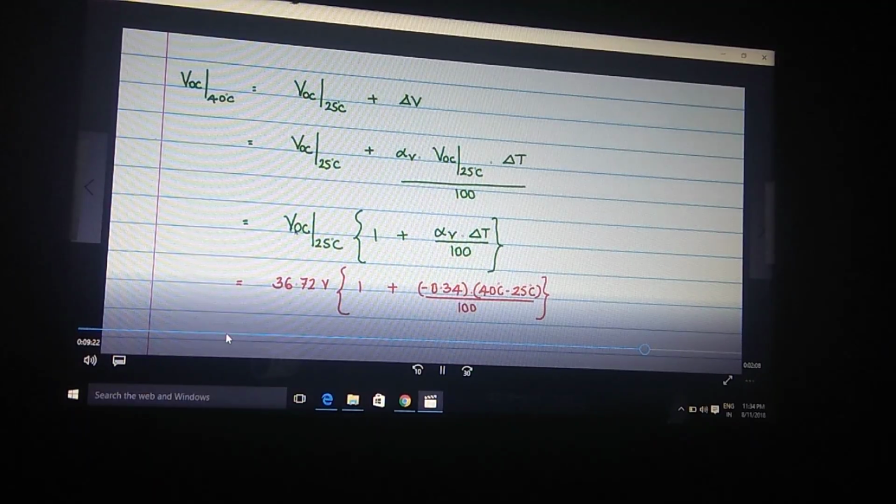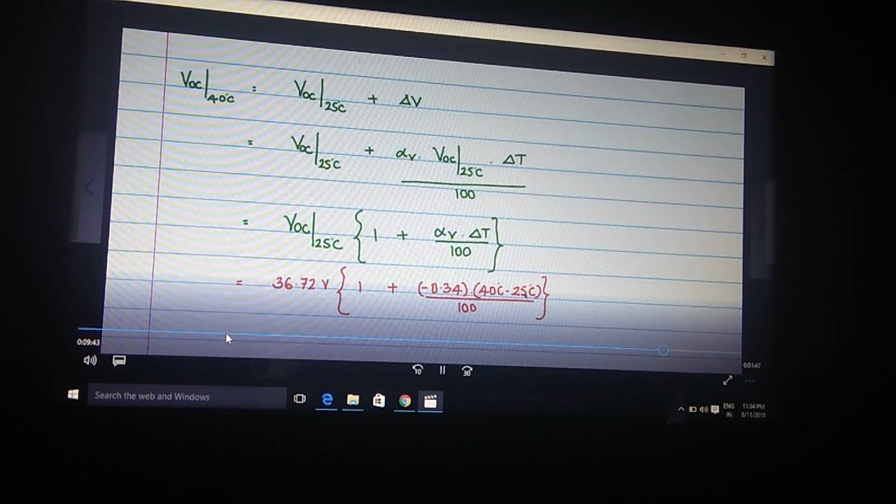So if we substitute the values from the data sheet, 36.72 volts for the VOC at standard temperature, alpha V for the VOC is given as minus 0.34. Note the minus, because the VOC decreases with increase in temperature.